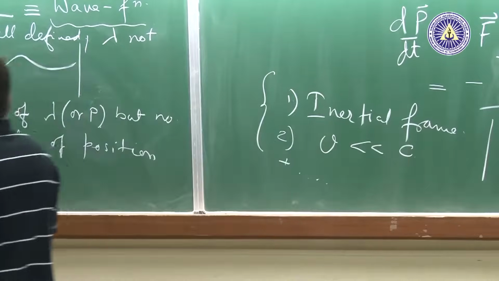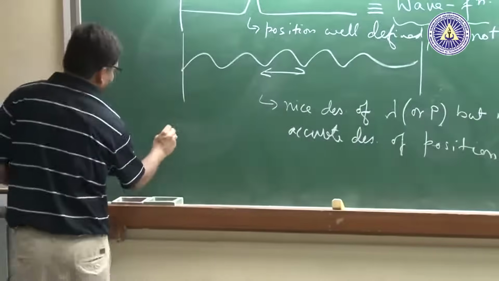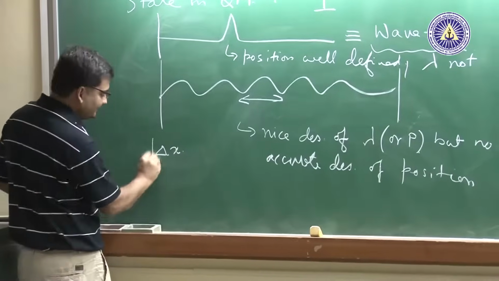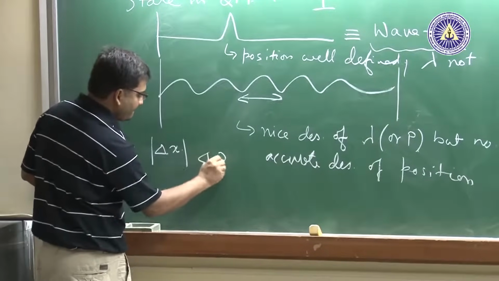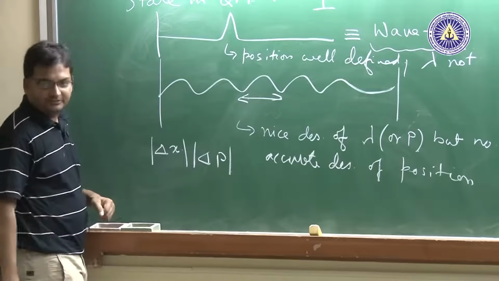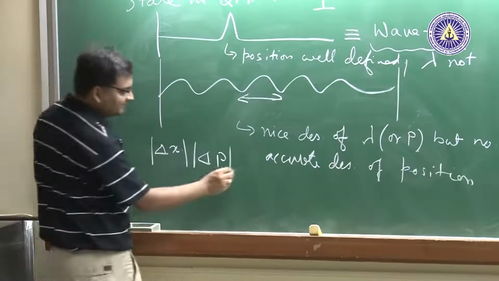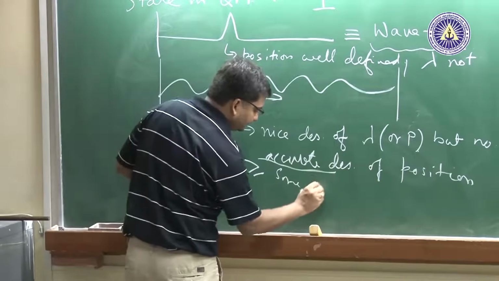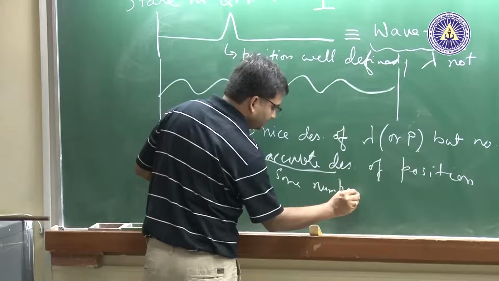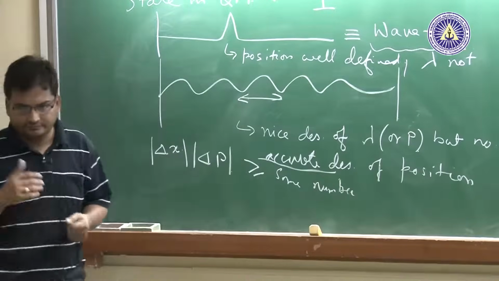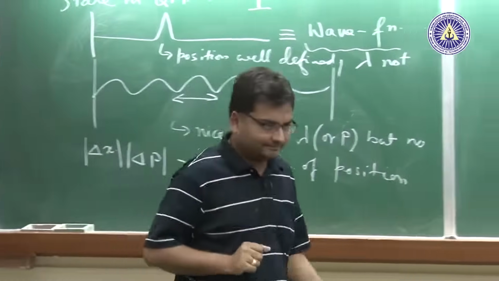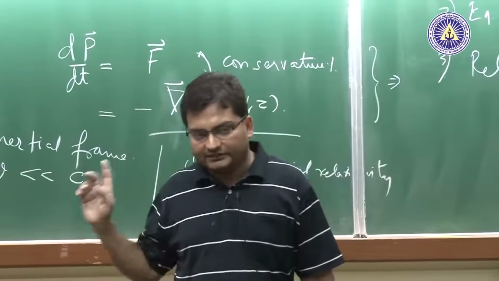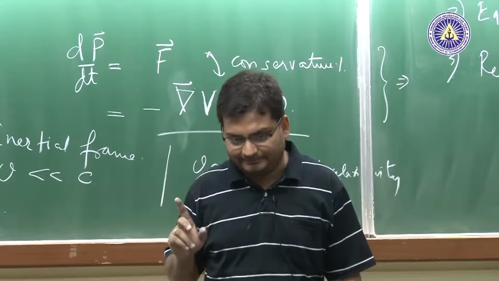Any wave theory will prescribe that the product of the uncertainty in the measurement, delta x, and the uncertainty in the measurement, delta p, is generally larger than or equal to some number. And this is true for any wave theory.